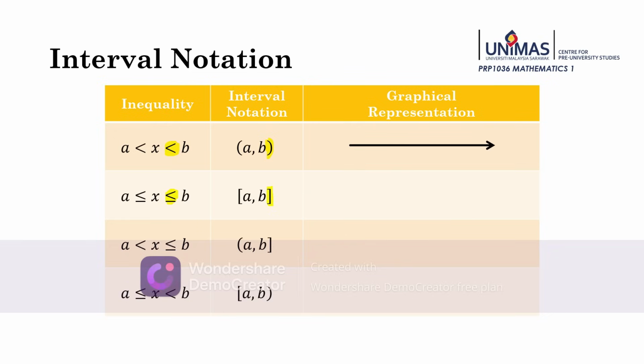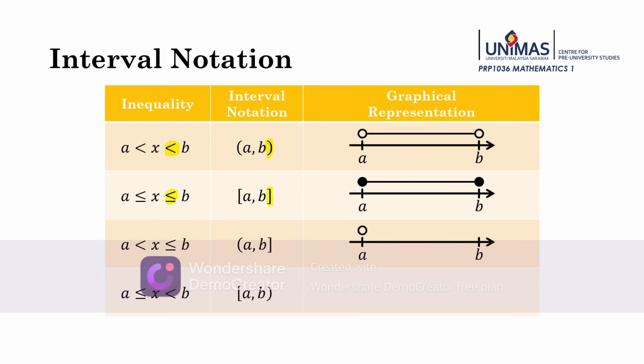We can also use the graphical representation, in other words the number line. If without the equal sign, empty dot. If with the equal sign, full dot. The same thing applies for the next two.